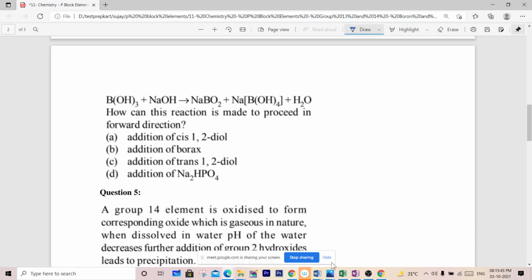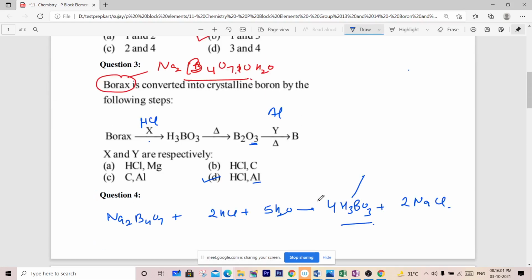By the addition of cis 1,2 diol. Just remember it. Sorry, sir, my connection cut out. Do you mind saying this one again?